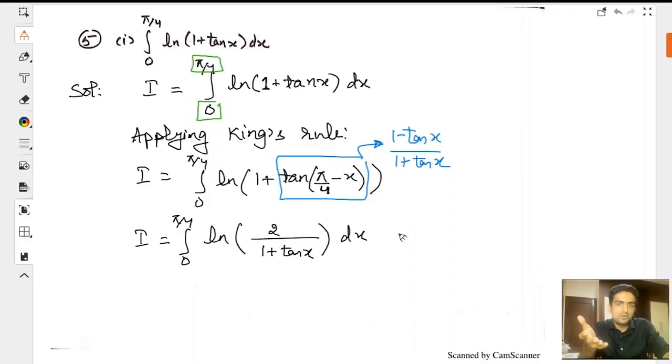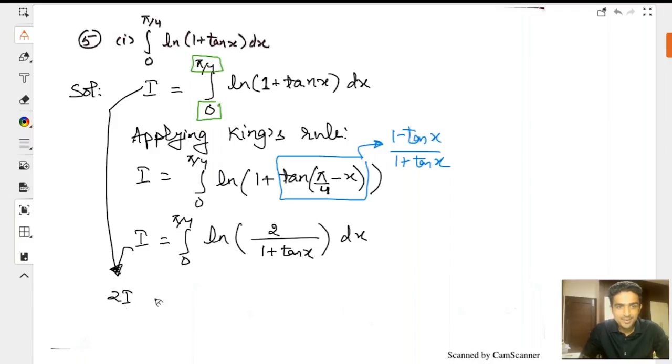Sir, this is also not good, this is also bad. You are forgetting one thing. Whenever we apply King's rule, addition plays a significant role. Addition करके देखो. The moment we add them, what do you get?